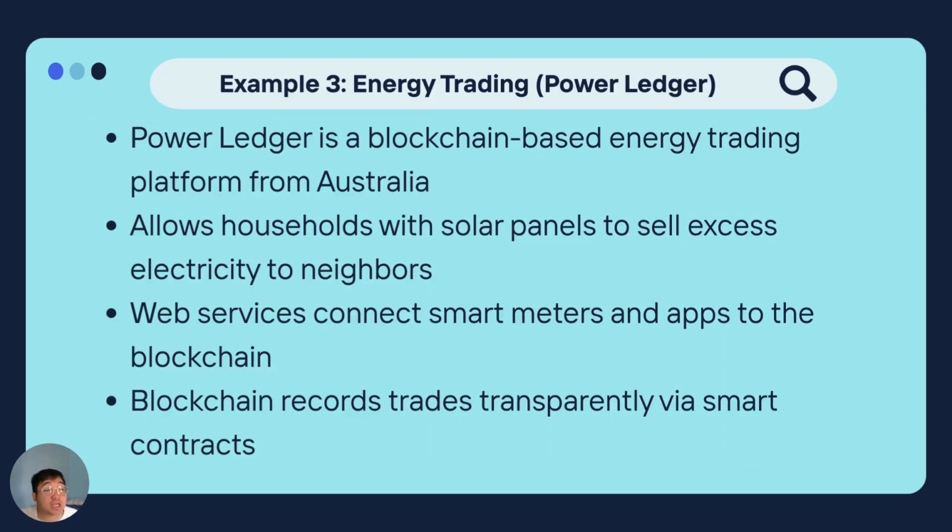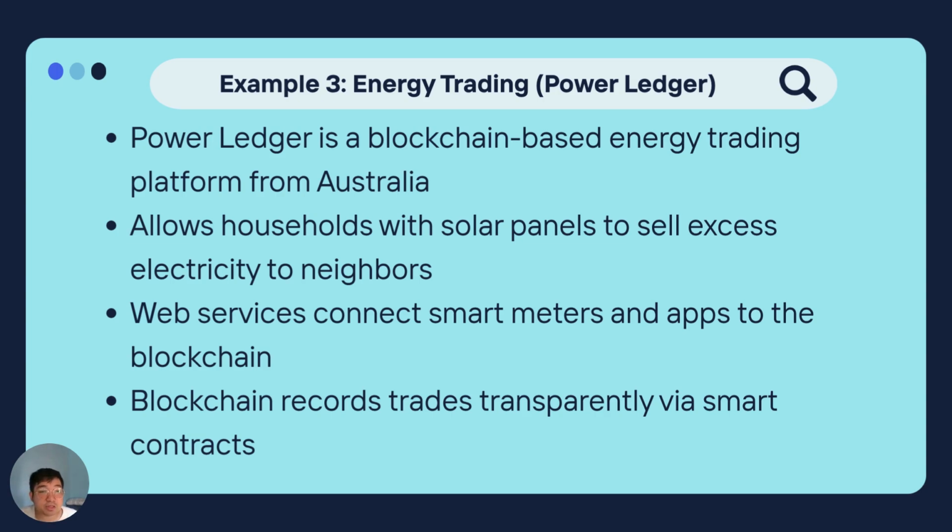The third example is something unique, energy trading. Through a blockchain project called Power Ledger in Australia, homeowners with solar panels can sell their excess electricity directly to their neighbors instead of selling it back to the grid. Here's where web services come in.